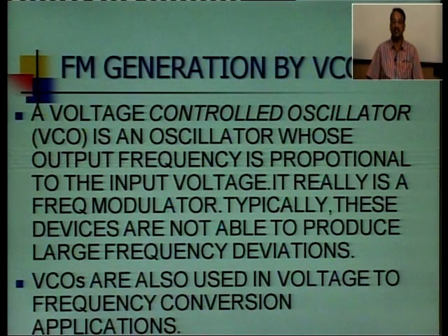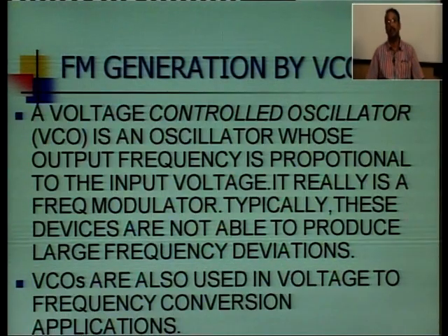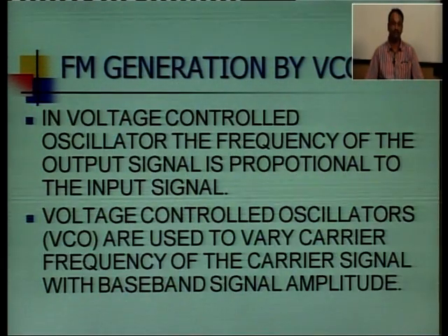It really is a frequency modulator. Typically, these devices are not able to produce large frequency deviations. VCOs are also used in voltage to frequency conversion applications, because the input is a voltage and the output is a variable frequency.